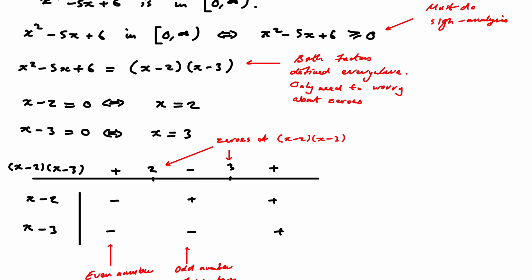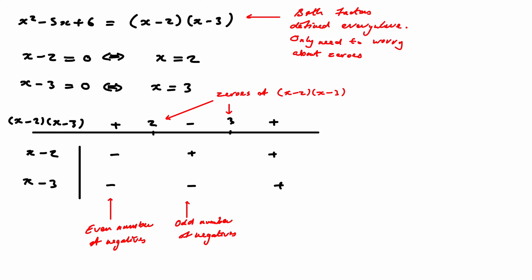Neat. So putting all this together gives me the following. So x squared minus 5x plus 6 is greater than or equal to 0. It's badly written, isn't it? It's greater than or equal to 0 if and only if, okay, you're in one of 2 basic locations.